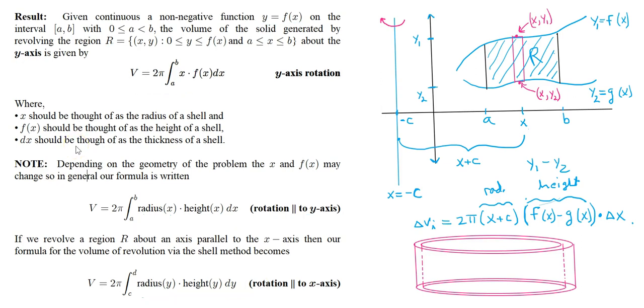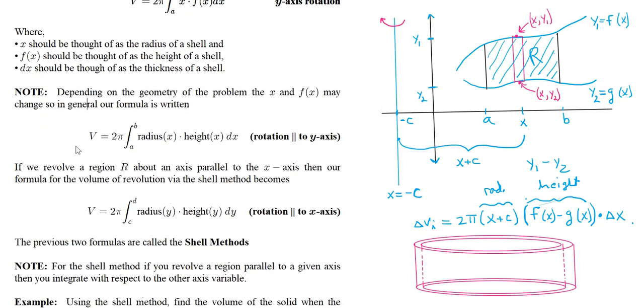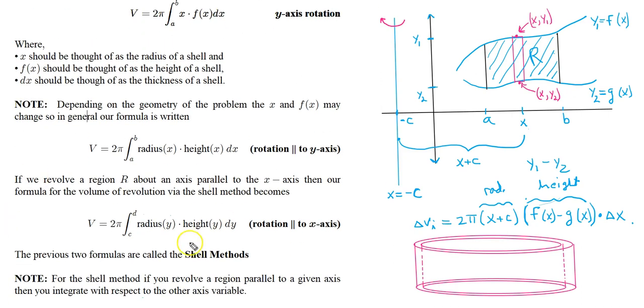And before we look at some examples, let's note one other thing. These two formulas that we have here, these are both referred to as our shell methods. And keep in mind, for the shell method, if you revolve a region parallel to a given axis, then you integrate with respect to the other axis variable.